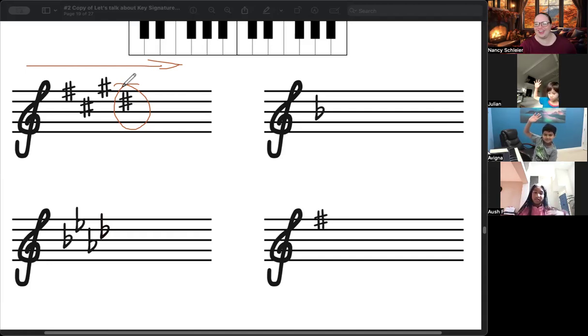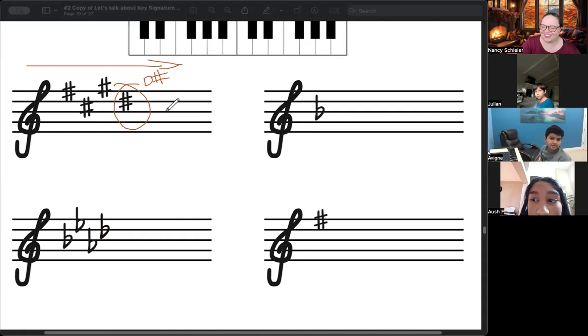Okay. All right, and then Julian, what is it? D sharp. Very good. And then Arya, what is our key signature if this is our last sharp? It is E. E major. Very good.